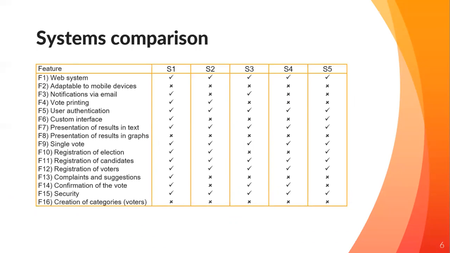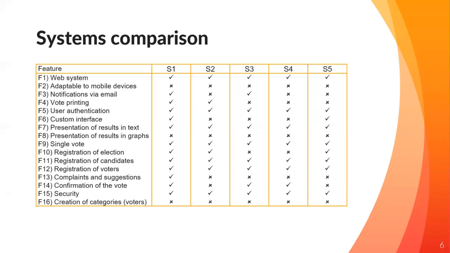The features analyzed in the electronic voting systems are presented in this table. For example, whether the system operates through a web interface, whether it is adaptable to mobile devices, whether it allows vote printing, user authentication, whether the system presents the results of an election, among others.